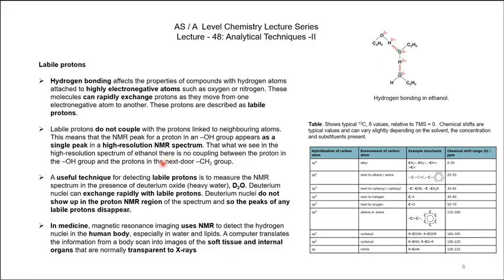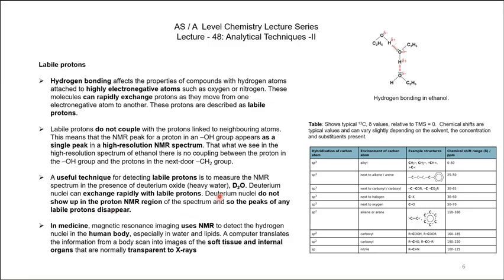So what are the techniques that we can use for identifying labile protons in NMR? We take deuterium oxide. We take the spectrum in presence of deuterium oxide. Deuterium oxide, you know, is heavy water. The deuterium nuclei can exchange rapidly with the labile protons, and deuterium nuclei do not show up in the proton NMR region of the spectrum, so the peaks of the labile protons will disappear.